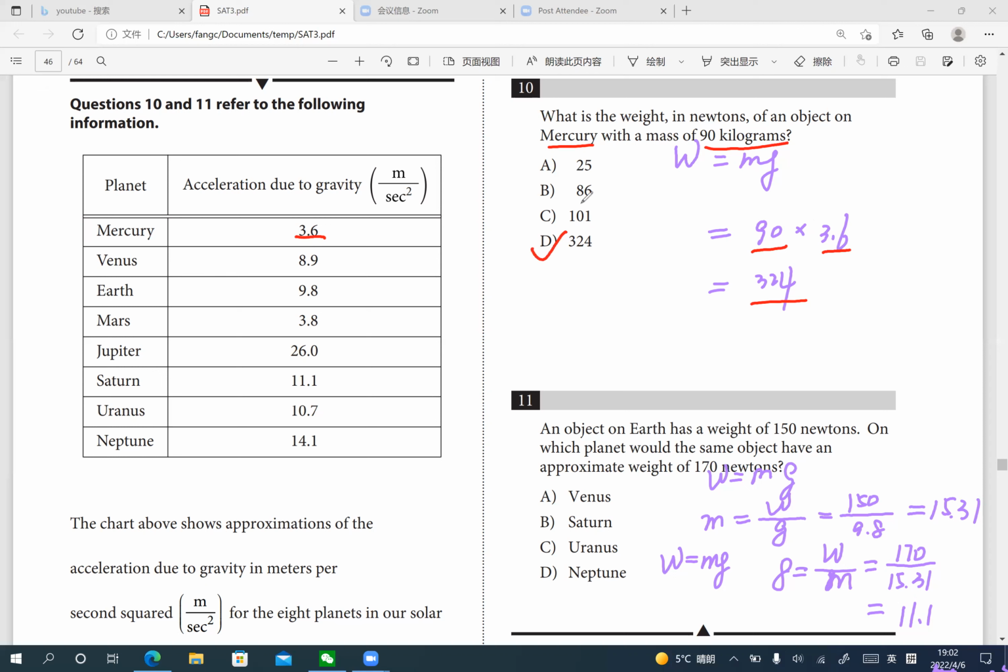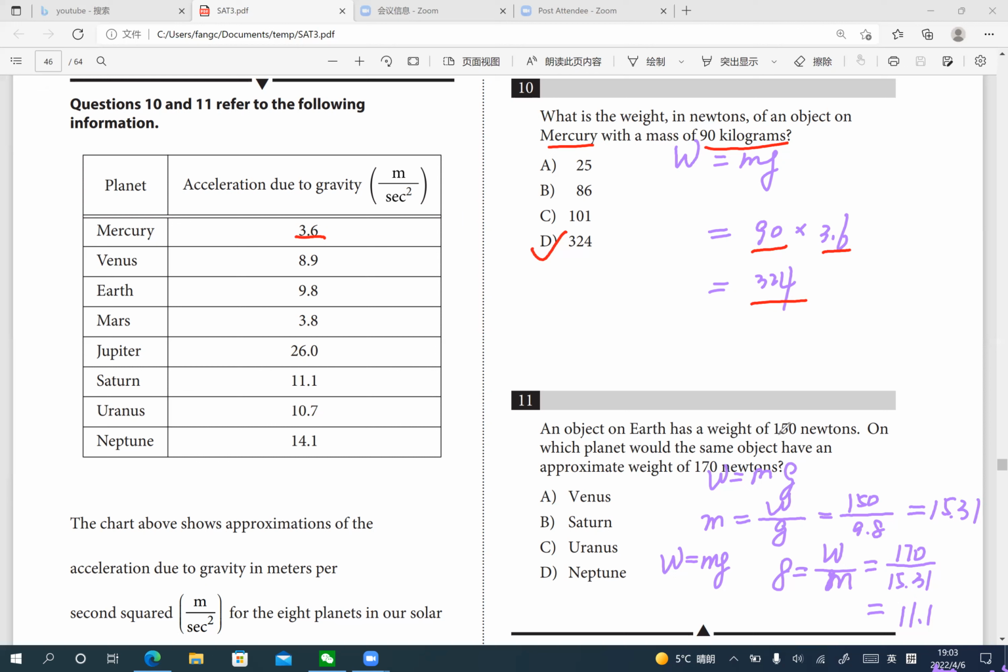Question 11. An object on Earth has a weight of 100 newtons. On which planet would the same object have an approximate weight of 170 newtons? We need to use the formula again, W equals mg. And we rearrange the formula, we can have another formula for m. And m equals W divided by g.